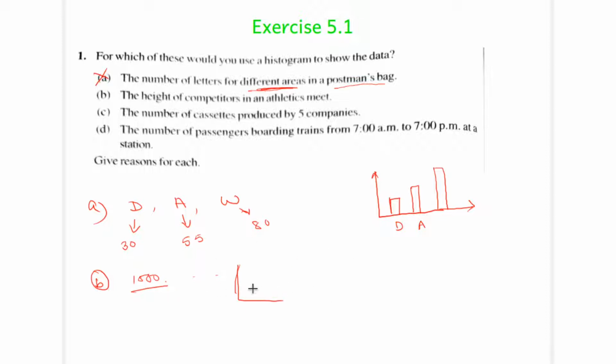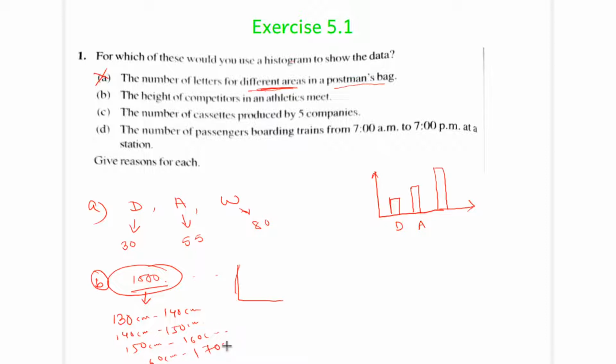So what we will do is group the data. We will group the heights like this: 130 centimeter to 140 centimeter, then 140 centimeter to 150 centimeter, then 150 centimeter to 160 centimeter.